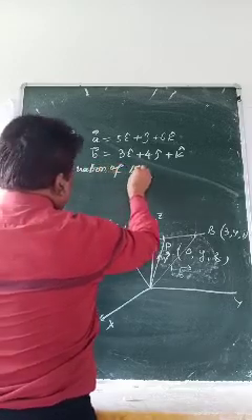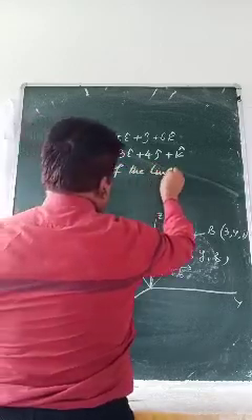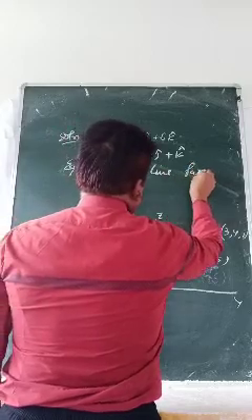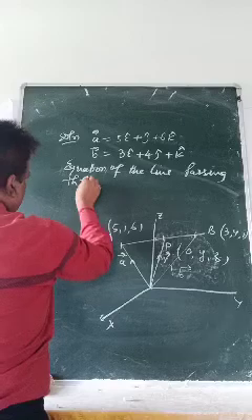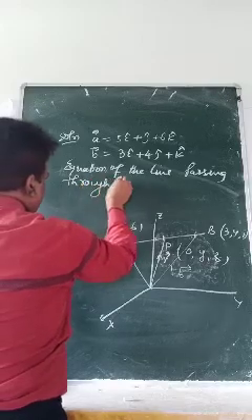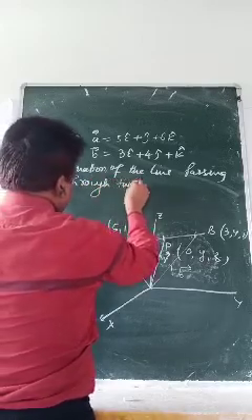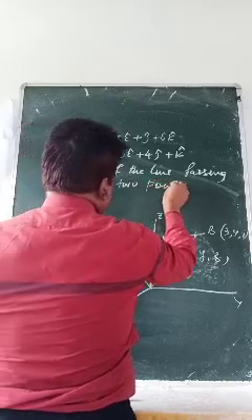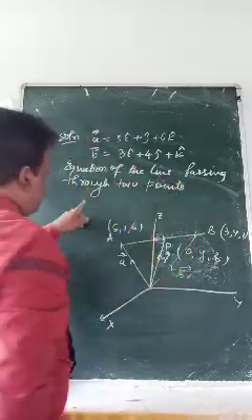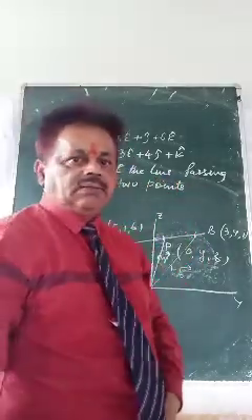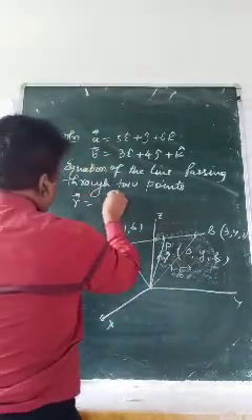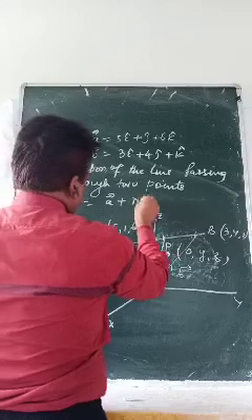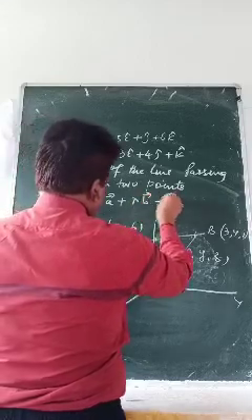Now what is the equation of the line passing through two points? Two points form of line. Already I have told you what that is. Now R equals A plus lambda times (B minus A). I hope you have not forgotten this.